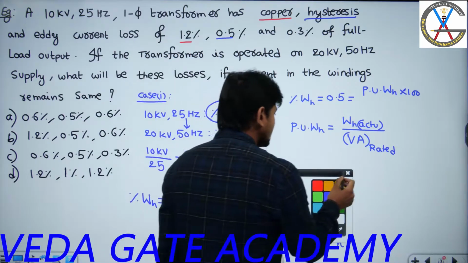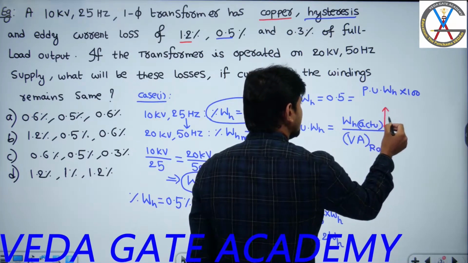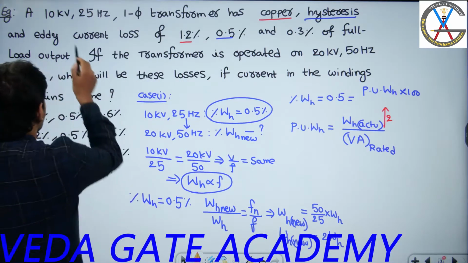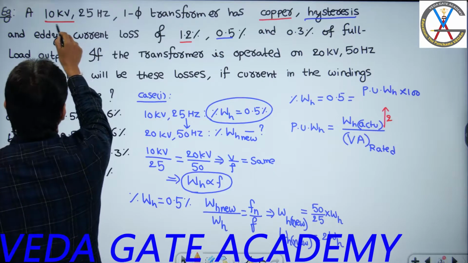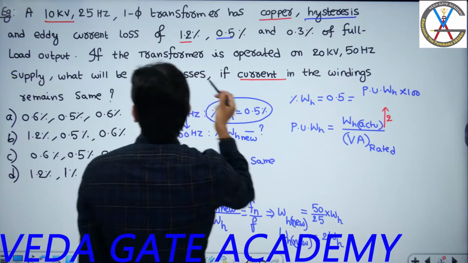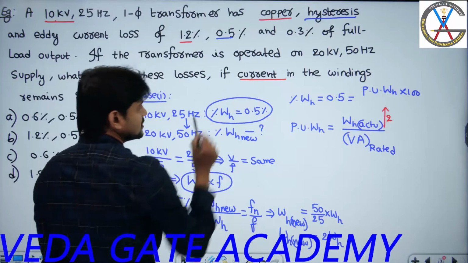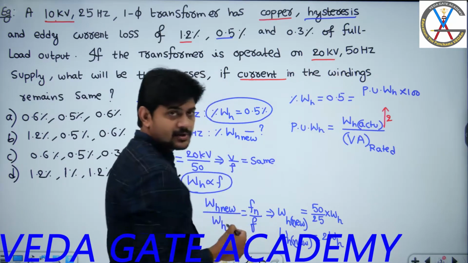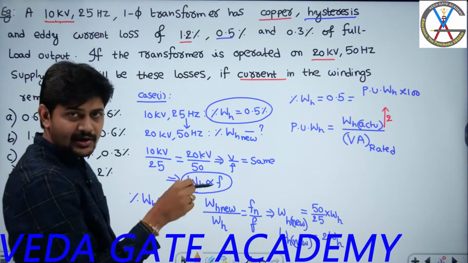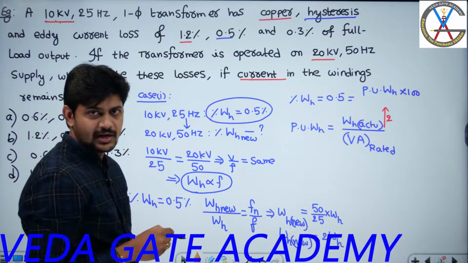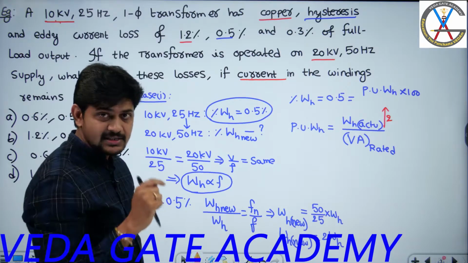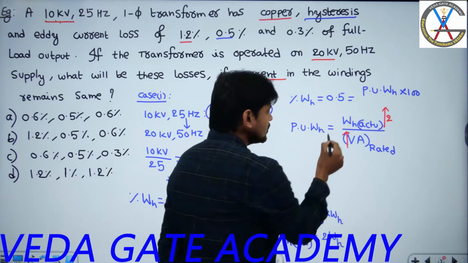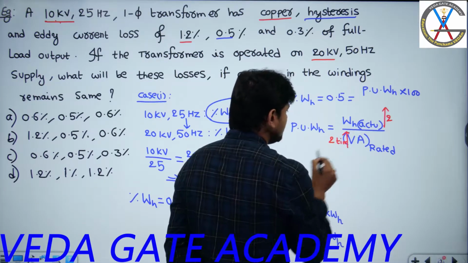Now for the original condition, the volt ampere rating is 10 kV into the current in the windings, which remains the same. In the new operating condition, voltage is twice the original value, 20 kV compared to 10 kV, but current remains the same. So voltage is increased by 2 times.